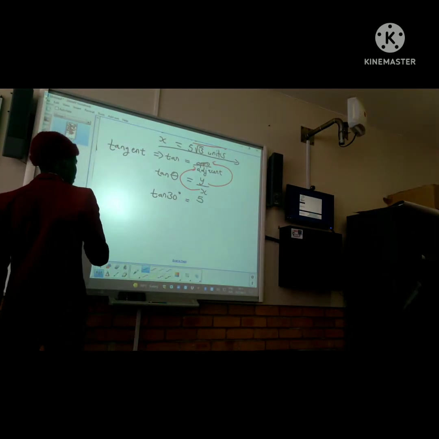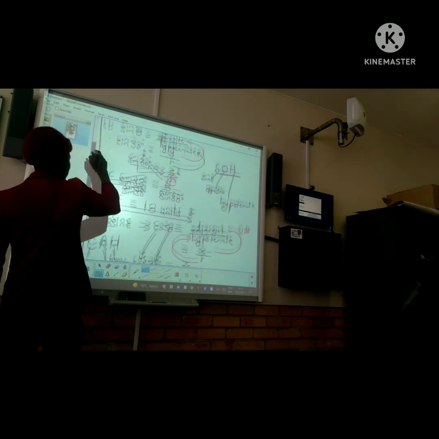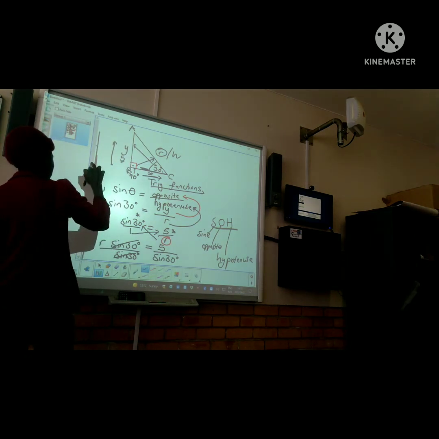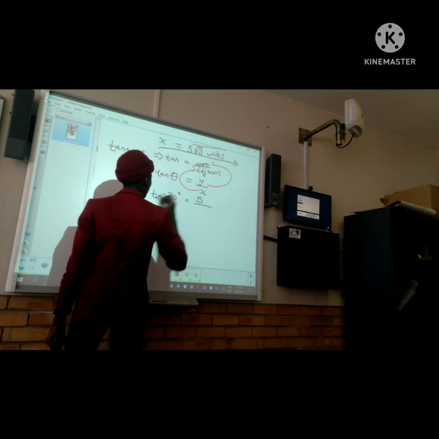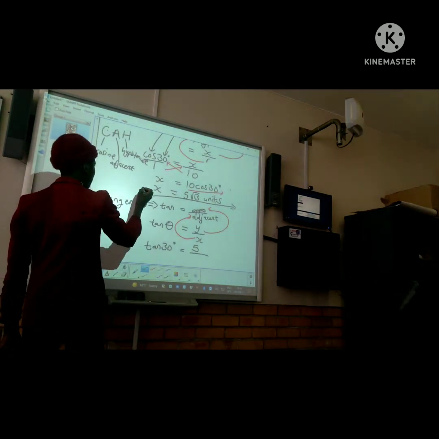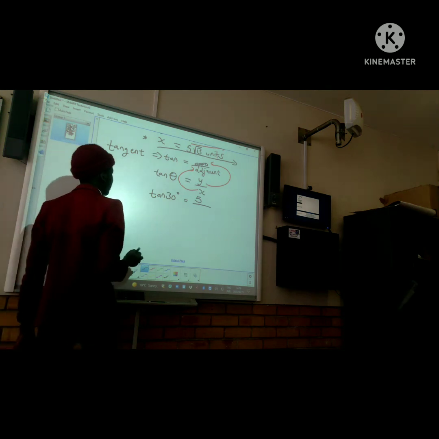And then the value of x is supposed to be 5√3. But if we substitute the value of x, we're not going to be solving anything here. So let's pretend that we do not have this value of x, which is 5√3 units.